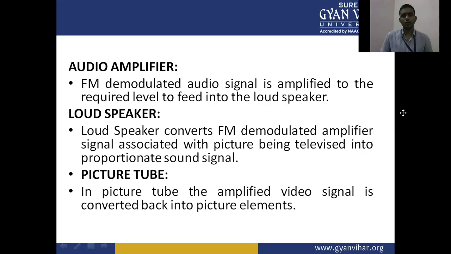In the next stage, the audio amplifier, the demodulated audio signal is amplified to the required level to feed into the loudspeaker. The loudspeaker converts the amplified signal, associated with the picture being televised, into a proportionate sound signal.